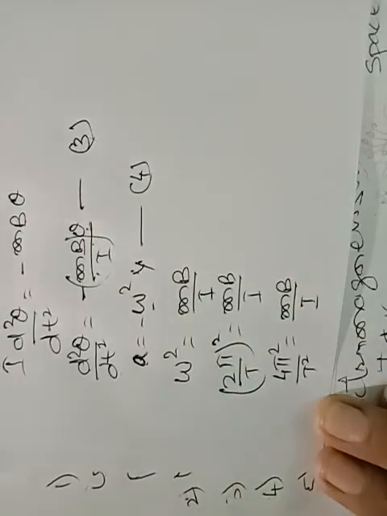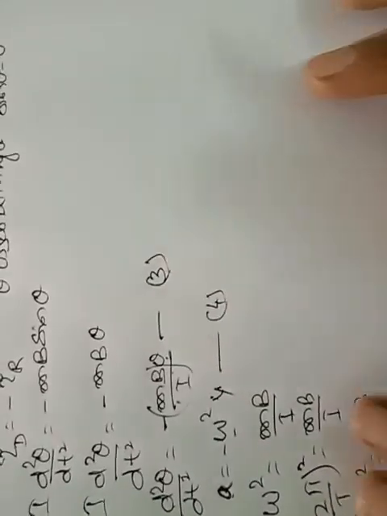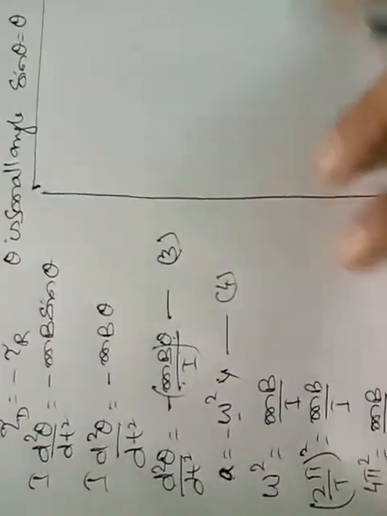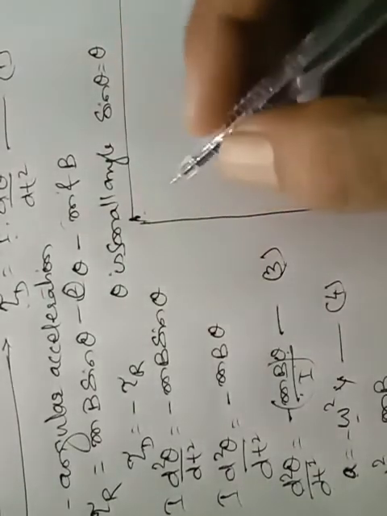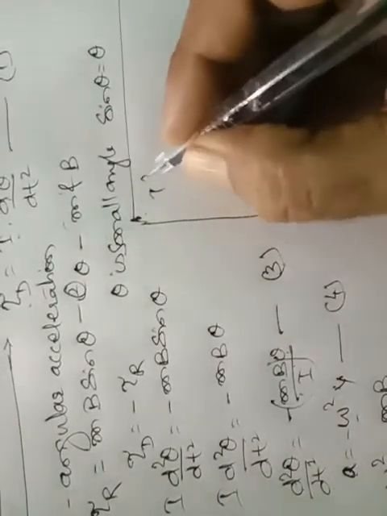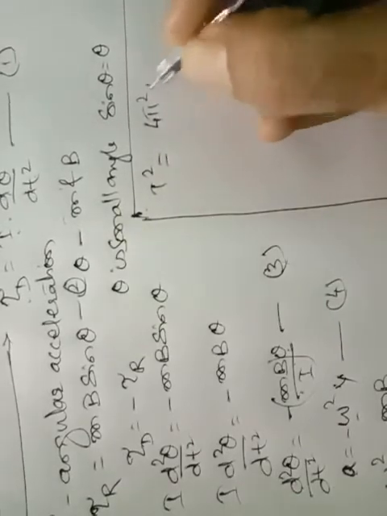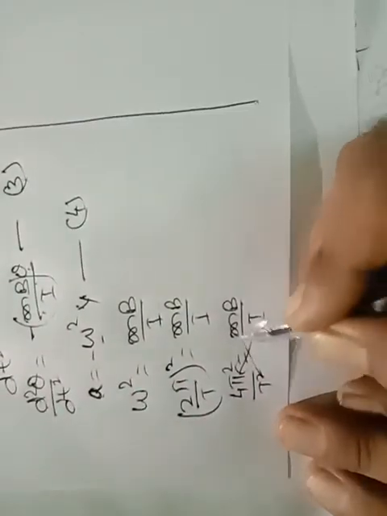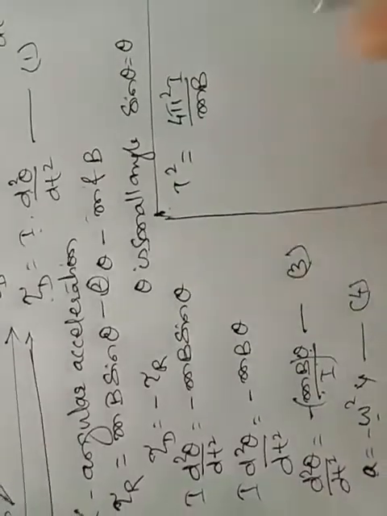We have to find the time period, so we need T square, and we send it to the second side. First of all, T square goes to the second side and we cross multiply. So T square is equal to 4 pi square I divided by mB.